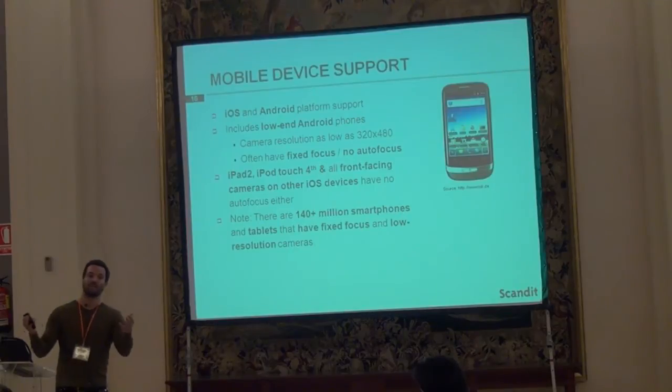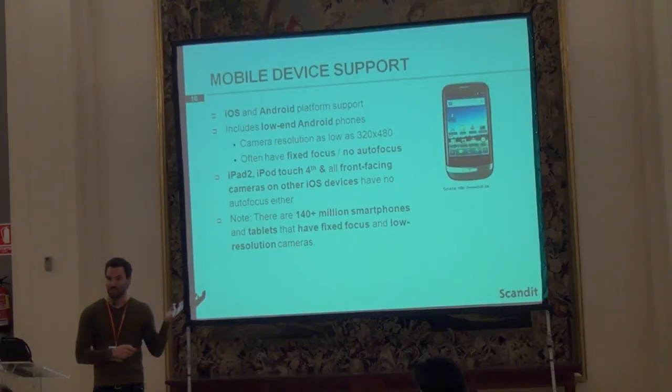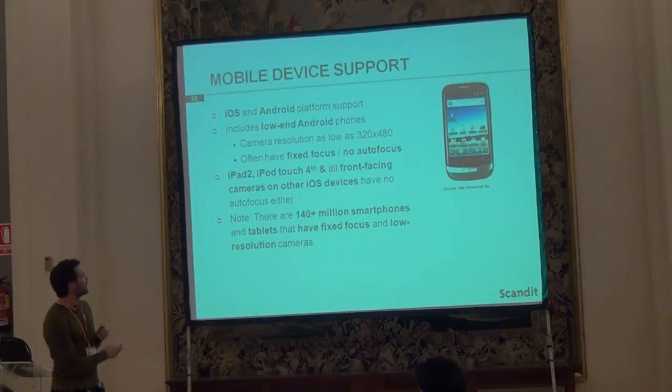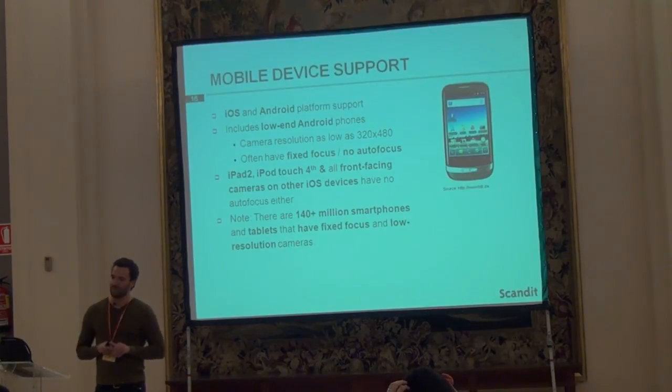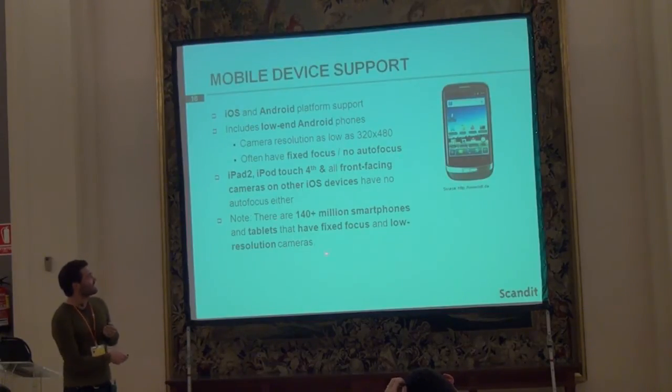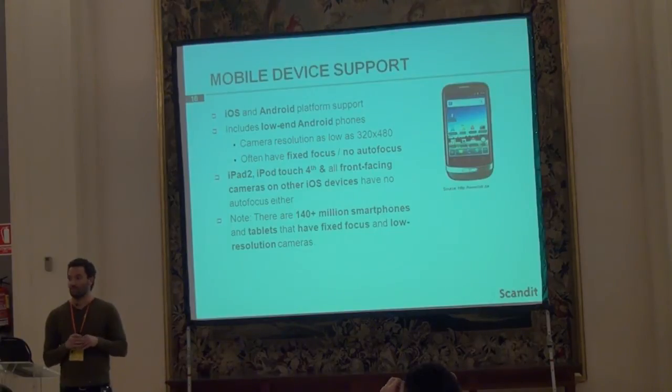For example, you cannot build a cool mobile point-of-sale app that uses the front-facing camera if you cannot scan those codes reliably. We also tried to come up with some simple quantification for the amount of devices that is affected. We found that there are at least 140 million devices out there in the market that have been brought to the market over the past 18 months that do not have autofocus capabilities at all.